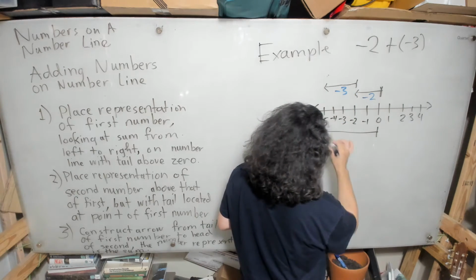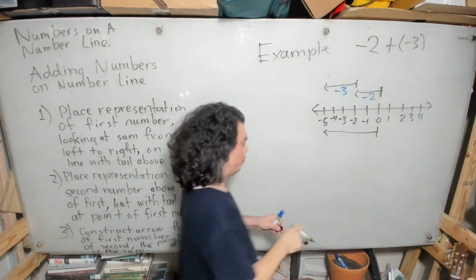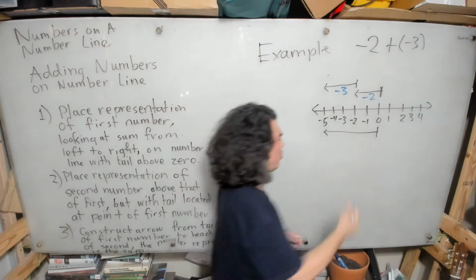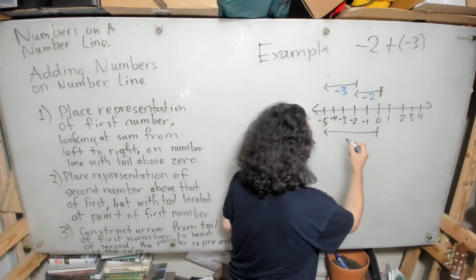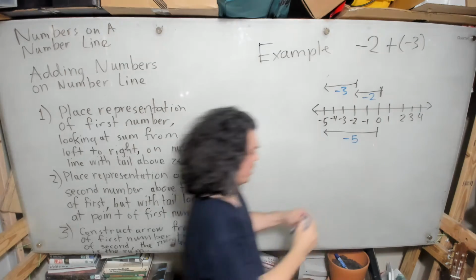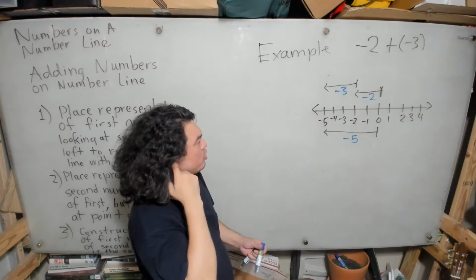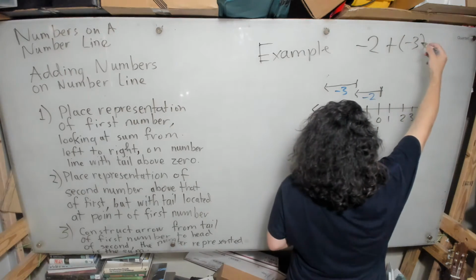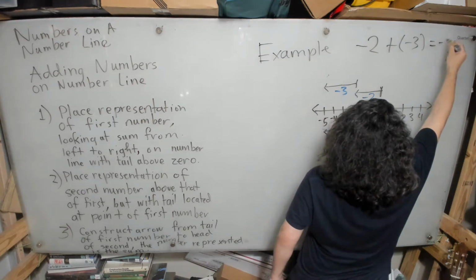In this case, -5. So you can see that this arrow represents the value -5. And so how can we interpret this situation? We can say, therefore, that -2 plus -3 is -5. Okay?